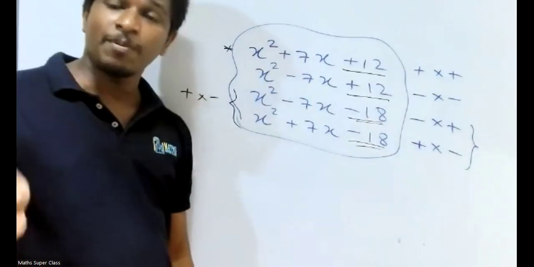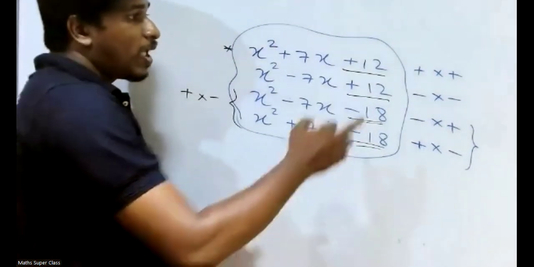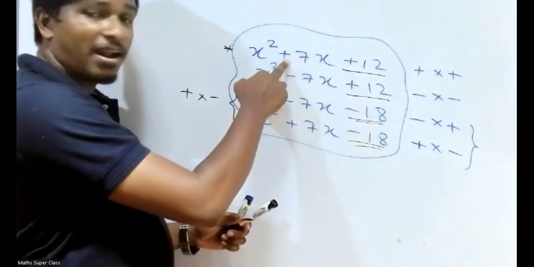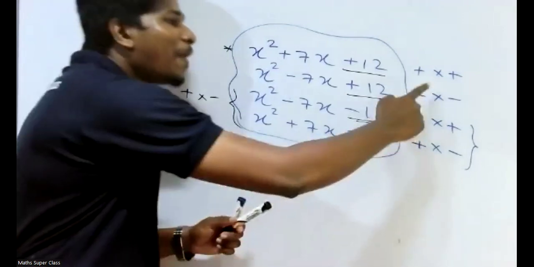Then how can we separate that one? How can we identify? After looking at this one, you have to look at this part. This is plus.